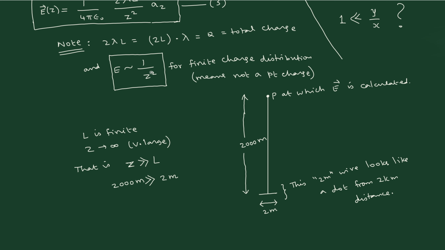That is the meaning. The meaning is that an extended charge distribution, this kind of 2 meter long wire, this is called extended. This extended charge distribution will appear as if it is a point charge. This is the conclusion from the analysis. So this is the conclusion.